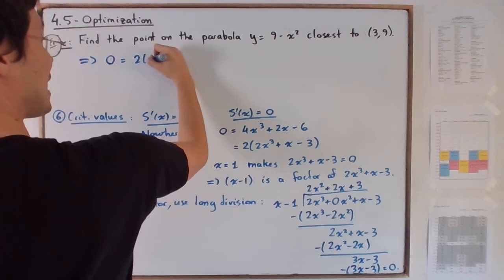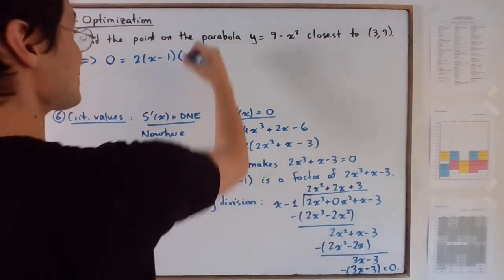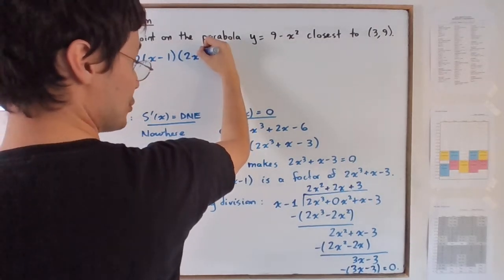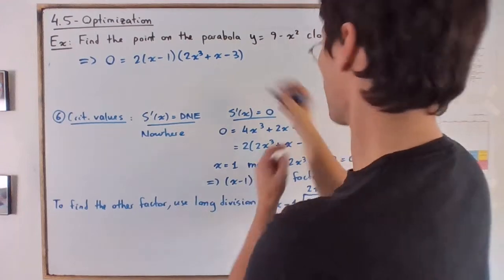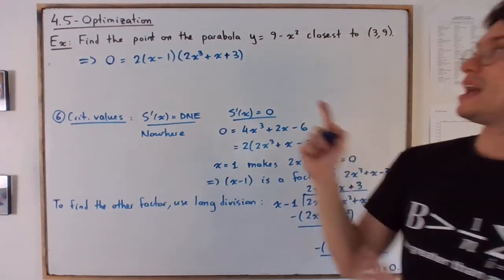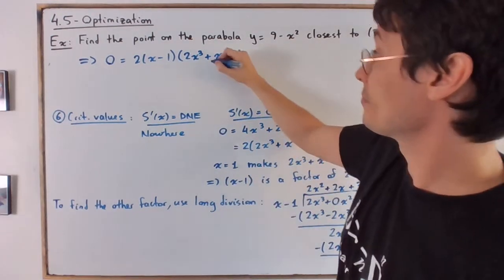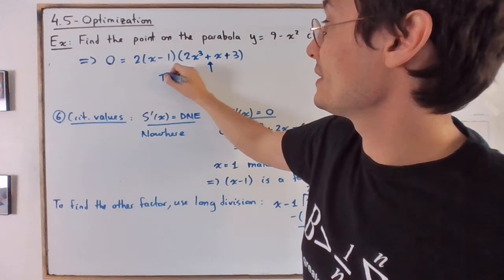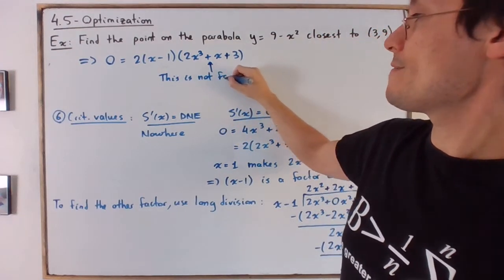So we're going to have 2 times x minus 1 times, and now we punch in this factor: 2x squared plus x plus 3. And it's fairly easy to see that this is not factorable.